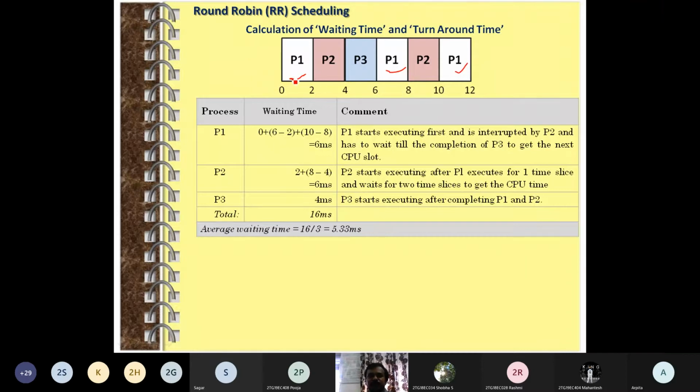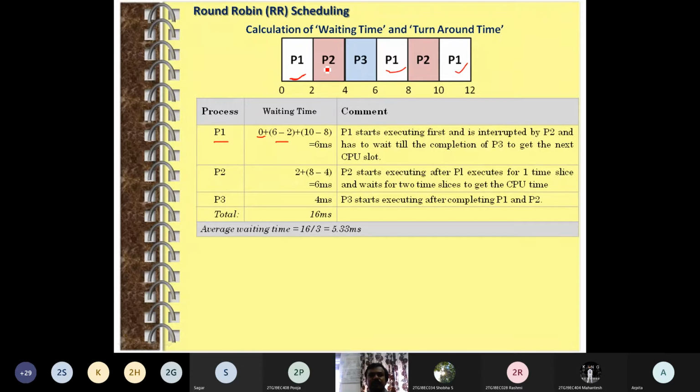After 2 milliseconds, its turn comes again, but it has to wait till its turn. The first time it is executed immediately by the system. Then in the second iteration, what did it wait for?